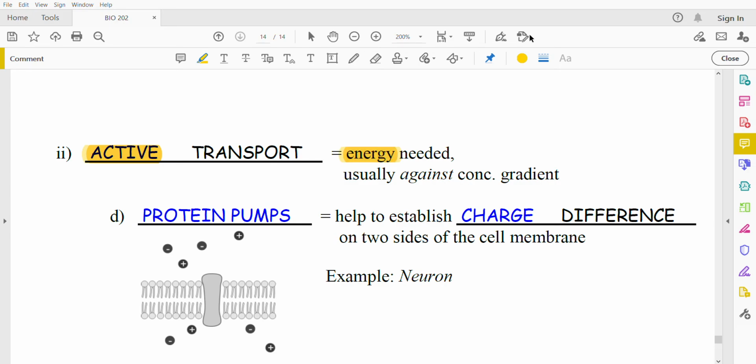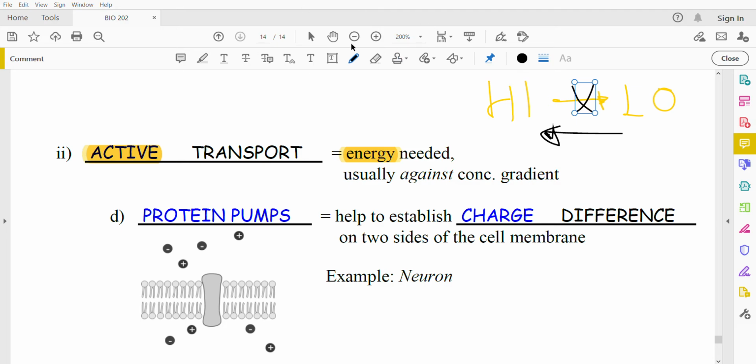So as you remember, normally substances moved from the area of high concentration to the areas of low concentration. But when we have active transport happening, we often actually move against this gradient, and we're moving materials against where they would naturally go.